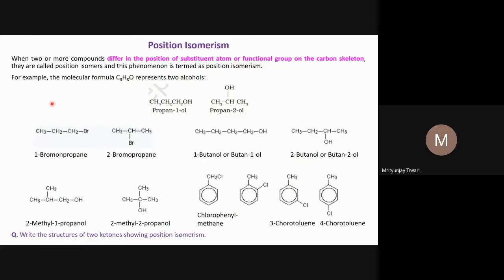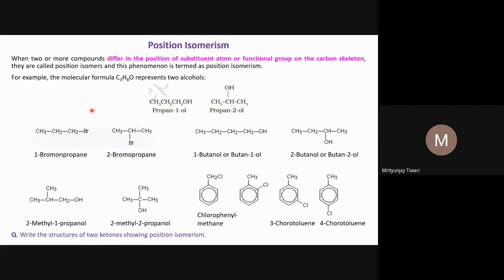So if this was CH2BrCH3, numbering 1, 2, this is bromoethane, and if this was CH3CH2Br, the numbering will start from here, 1, 2, this is also bromoethane. So there is no possibility of position isomer. The position will not show in IUPAC nomenclature because these compounds have no position isomerism.